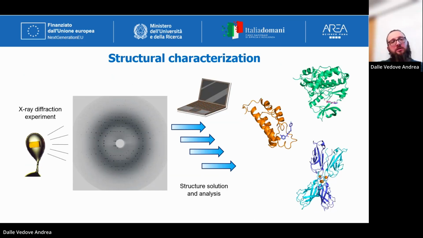So all this work to be able to have this nice single crystal big enough to do the X-ray diffraction experiment, and then we go on at this point with the computational pipeline where we do structure solution and start analyzing the crystallographic structure.